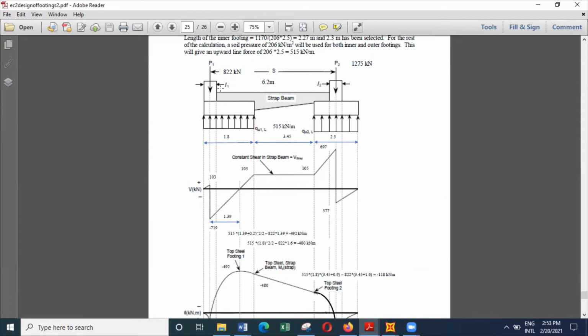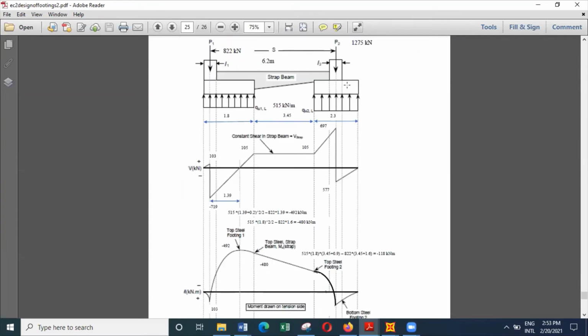So if you are going to have a ground slab supported on the strap beam, then you have to design the strap beam for a sagging moment, which will come due to the weight of the ground slab. So you might have to consider the fact that this beam can bend this way as well if there's a ground slab supported on the strap beam.